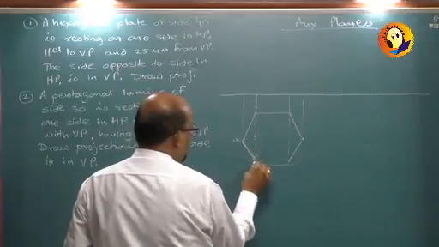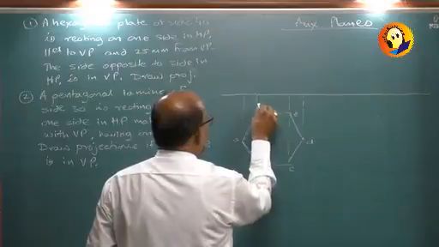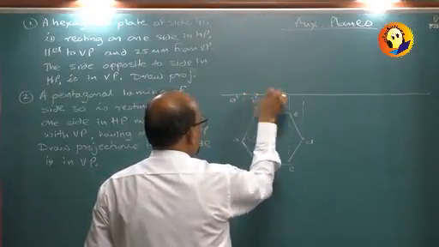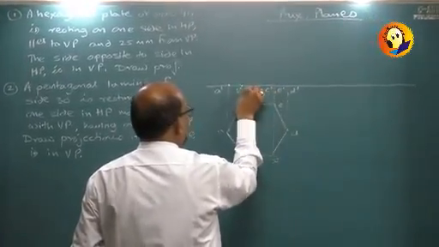These are A, B, C, D, E and F, and of course these will be the points A dash, B dash, C dash, D dash, E dash and F dash.